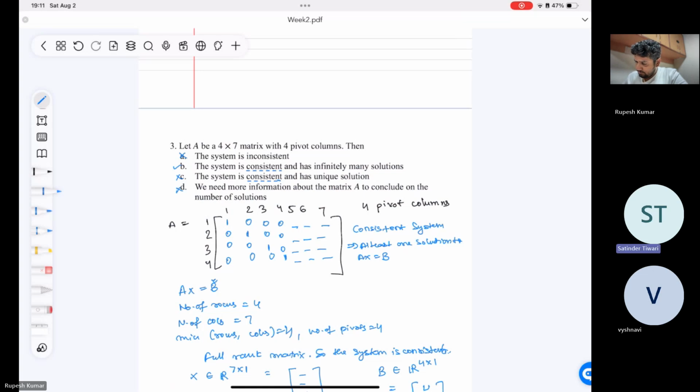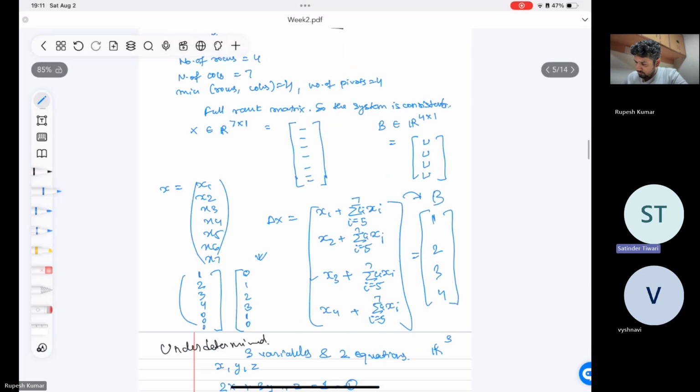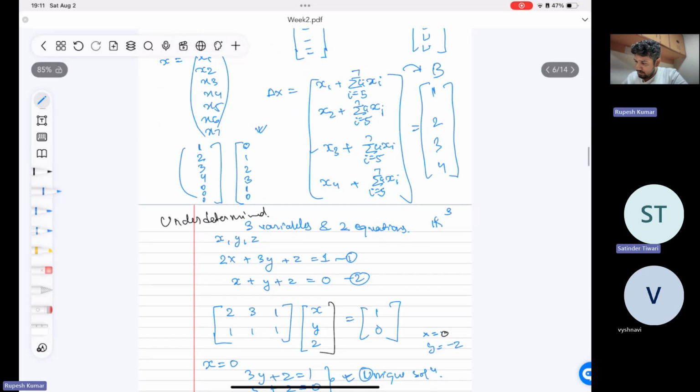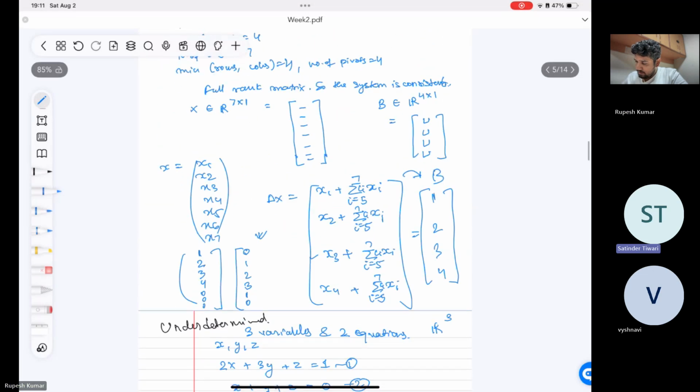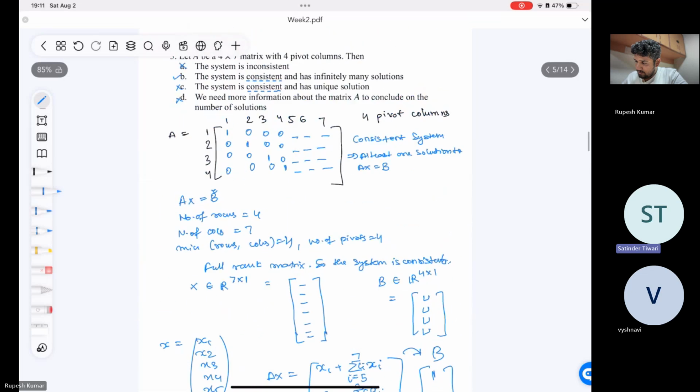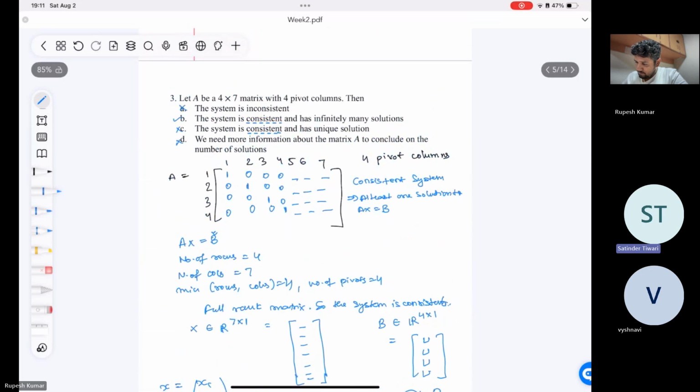The example that was given was like 4 cross 7, in which there were four pivots. So it is a full rank matrix. So we can say that it is underdetermined. So it has infinitely many solutions, consistent and infinitely many solutions. Yeah, right. Thank you, sir.